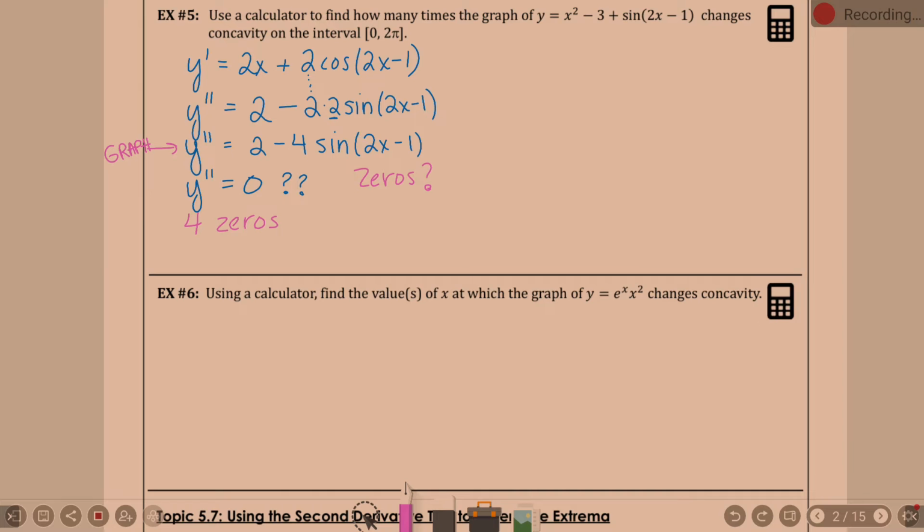Because the original graph is what we're talking about. How many times does it change concavity? The zeros of the second derivative are telling me that. So 4 zeros, which means 4 times, since the second derivative has 4 zeros.